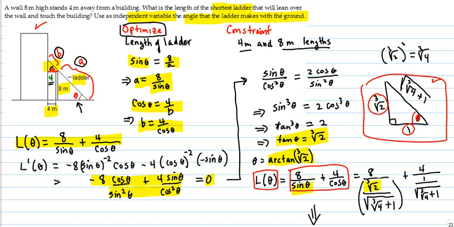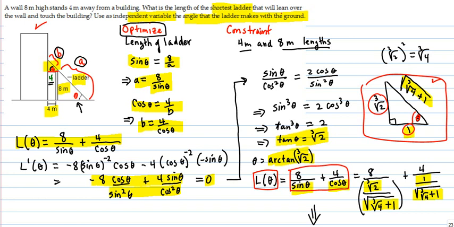And similarly, 4 over cosine theta: cosine theta is adjacent over hypotenuse. That's this, adjacent over hypotenuse.